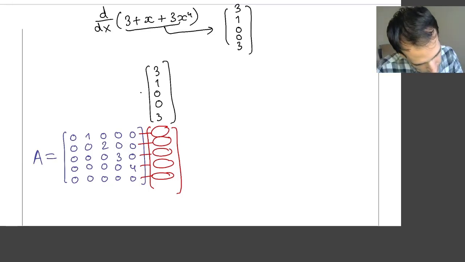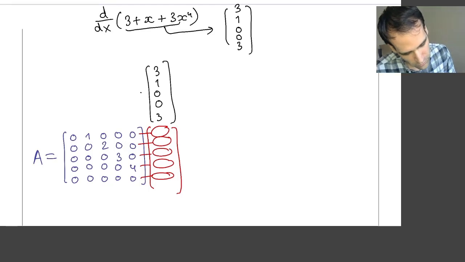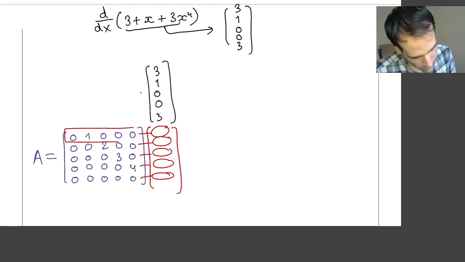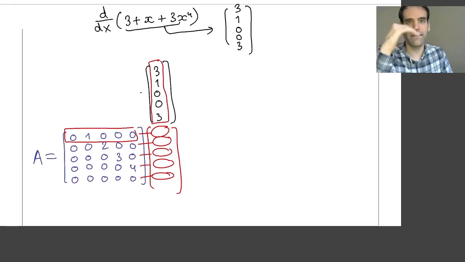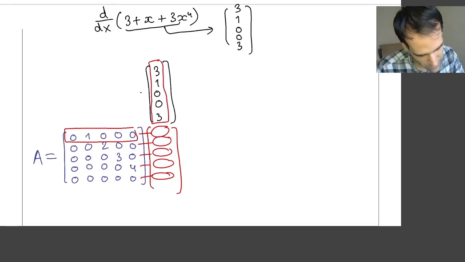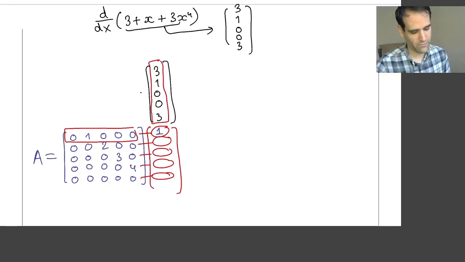Now, to calculate each element, we need to do the dot product with the corresponding row and the corresponding column. I'm going to do only the first, and then the rest I will go fast. The first would be 0 times 3 plus 1 times 1 plus 0 times 0 plus 0 times 0 plus 0 times 3, which is 1.